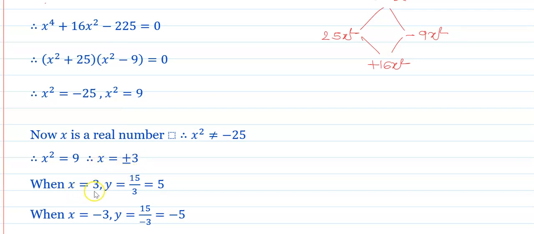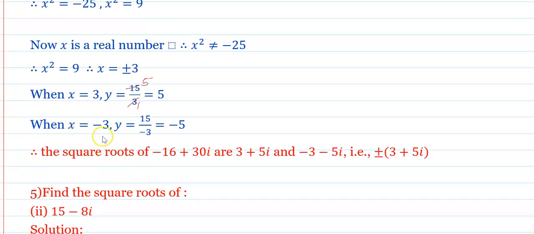When x is equal to 3, then y is equal to 15 upon 3. What is y? y is 15 upon x. Here we put the value of x, and 3 fives are 15, so y is equal to 5. When x is equal to -3, y is equal to 15 upon -3, and hence you will get -5.